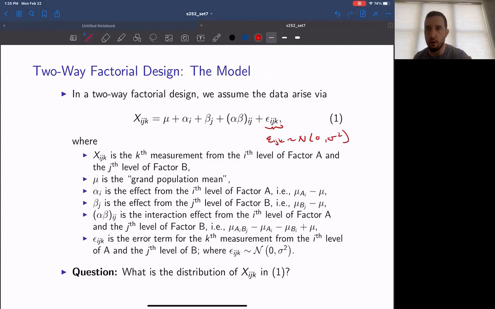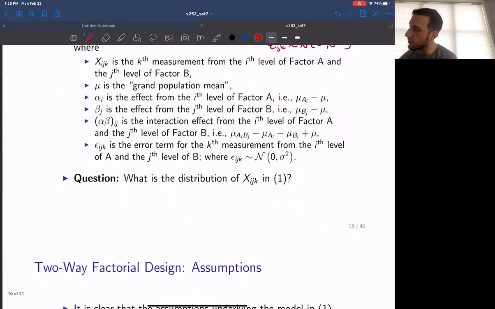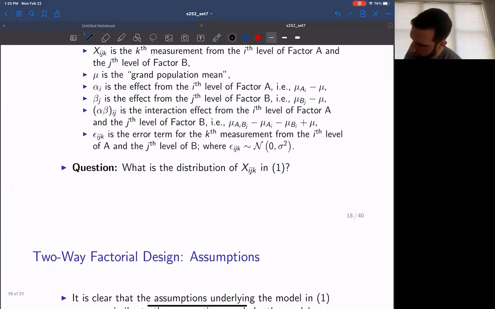Every single value is normal, but the mean of the distribution to which that value belongs is a function of both the main effect and the interaction effect. In general, we're writing x ijk is distributed normal with mean mu plus alpha i plus beta j plus alpha beta ij, and variance sigma squared.